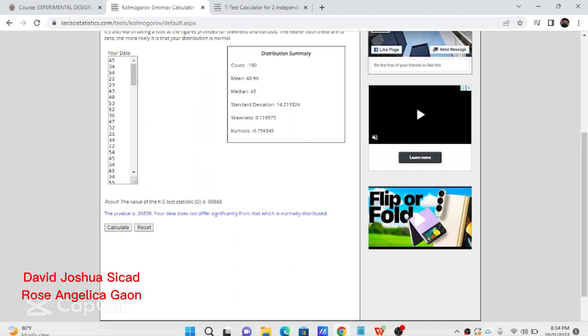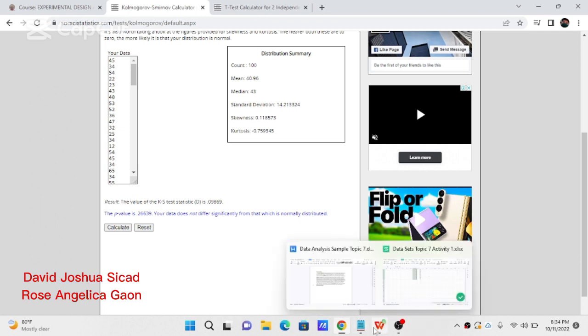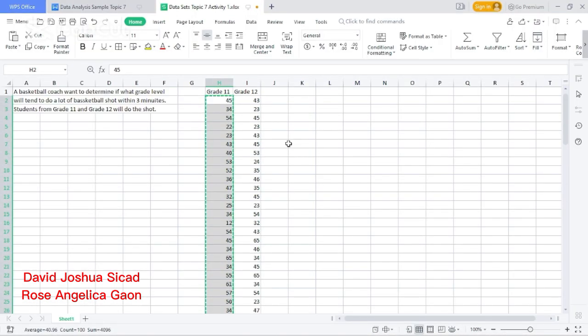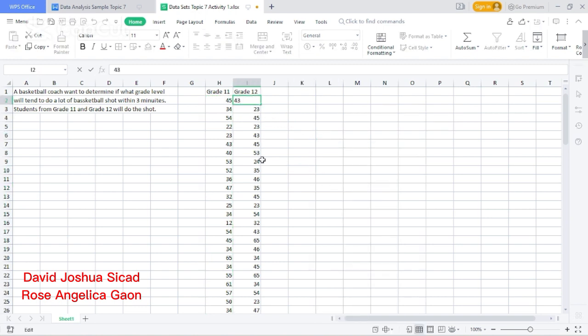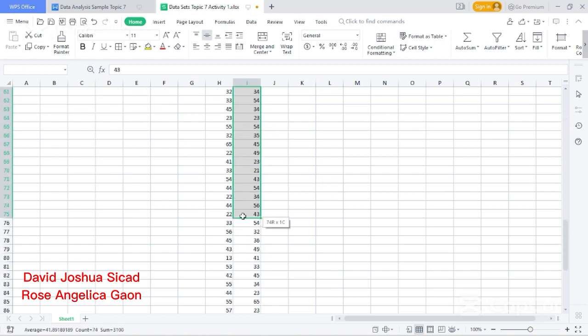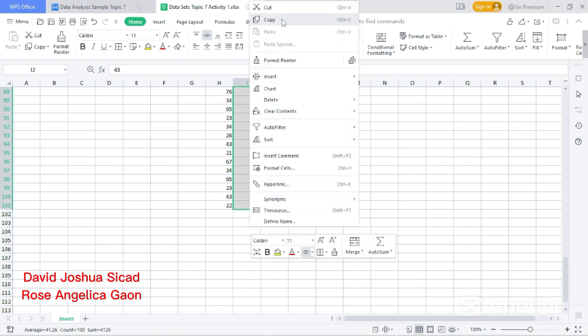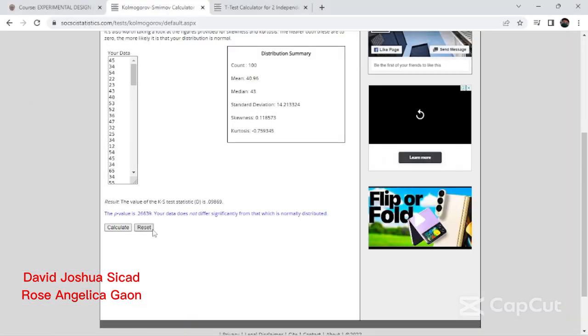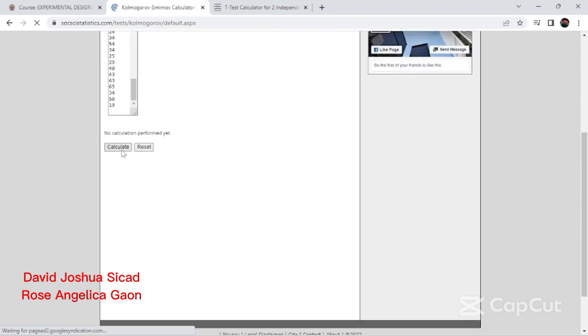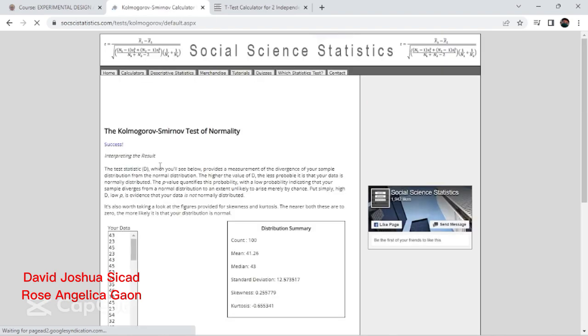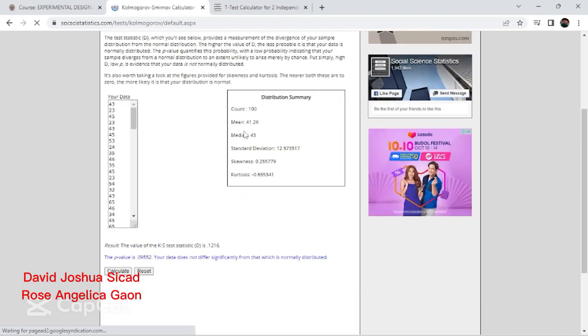Next is the second group. Copy and paste the set, and calculate.